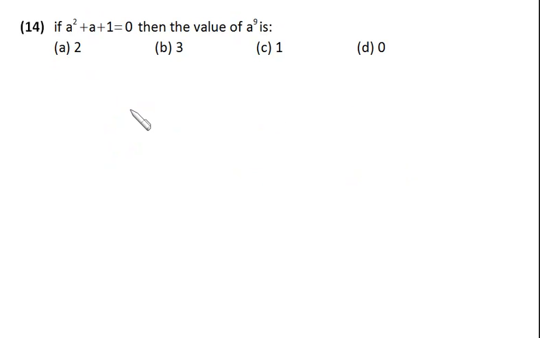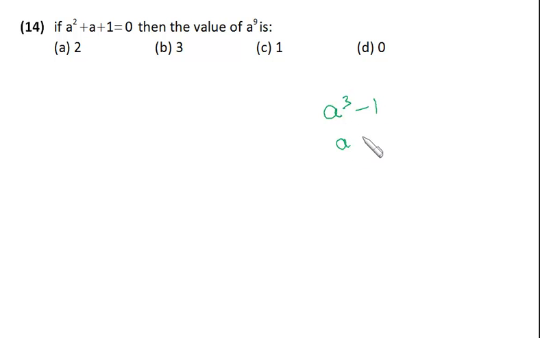This is also a bit twisted. a square plus a plus 1 is 0, and we want a to the 9. Now it's not easy to get a9 because a square plus a plus 1 is equal to 0. We'll be getting imaginary roots of this equation, so it's not possible to get a raised to 9 directly. What I do is I can convert this to a cube minus 1 format, right?